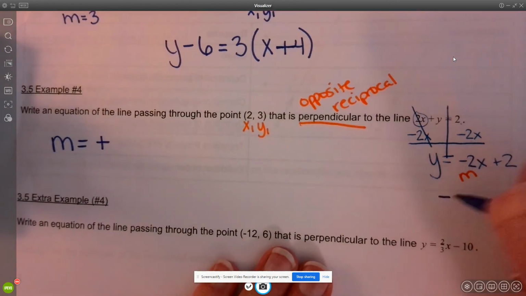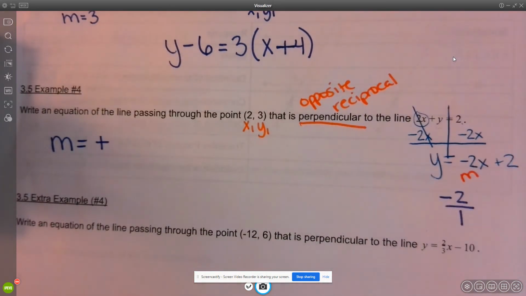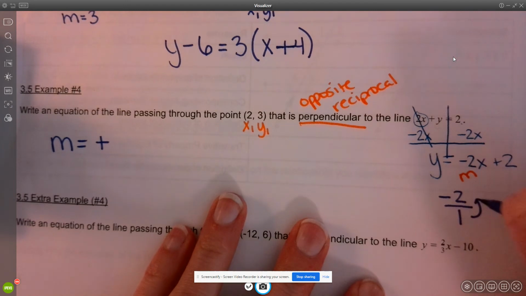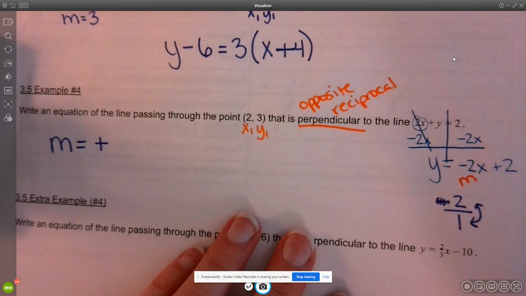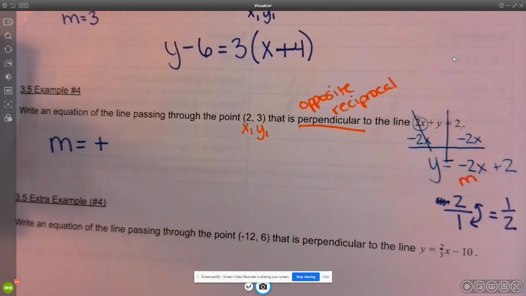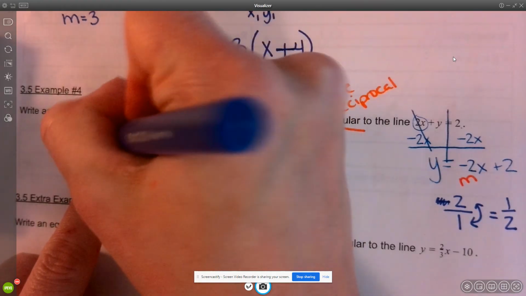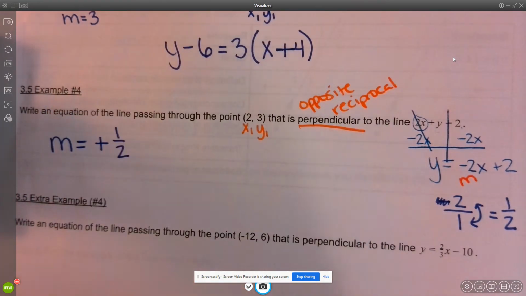So if I have the fraction negative 2 over 1, and we're not going to worry about the negative right now, if I were to flip this, it would become 1/2. Right? So 1/2 is the reciprocal of 2. So my slope needs to be positive 1/2.